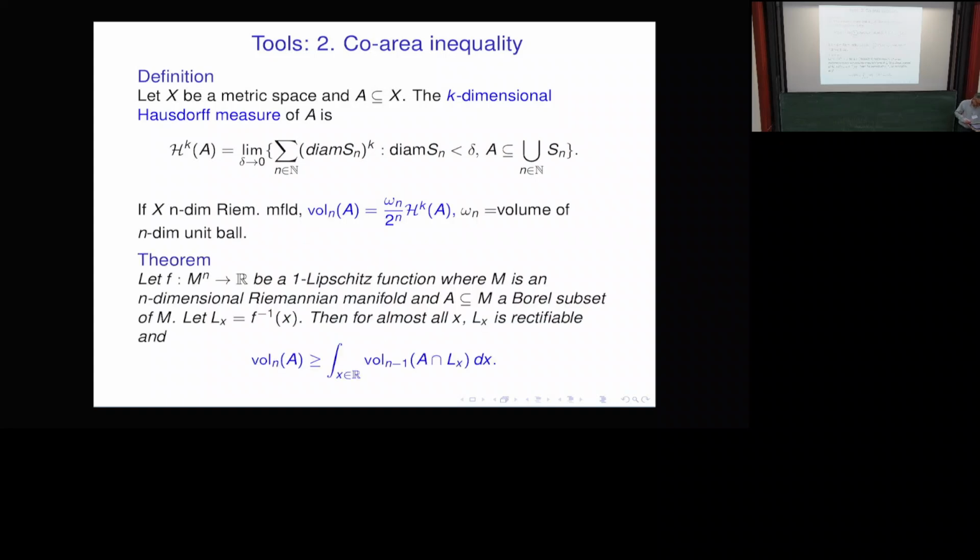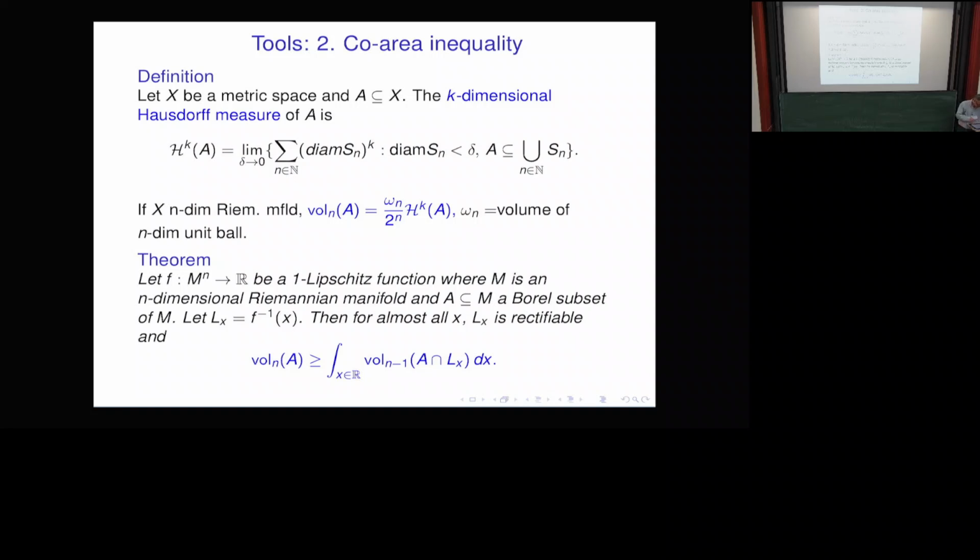So if we have a Lipschitz function on a manifold, and we have a nice subset where we can define volume. So now here, the fact that I have one Lipschitz and not an isometry or something like that gives me that I get an inequality because things could collapse, right?